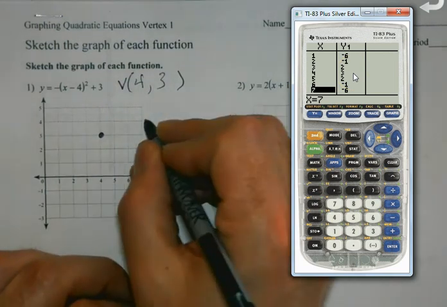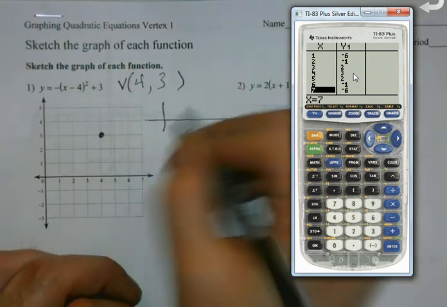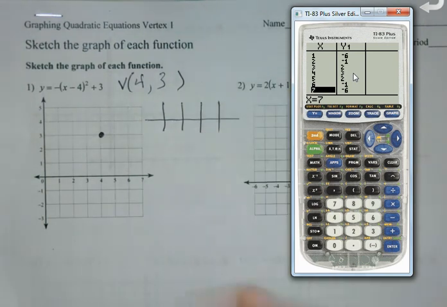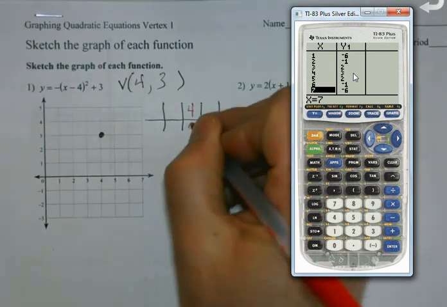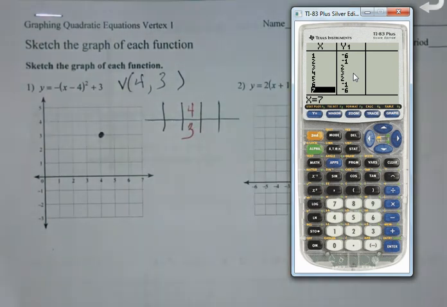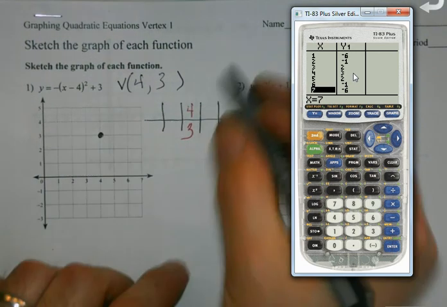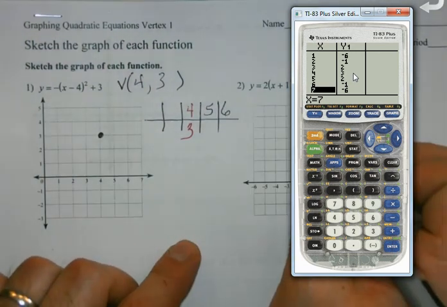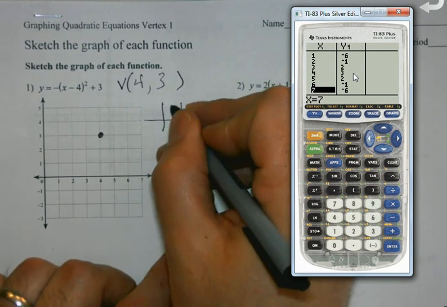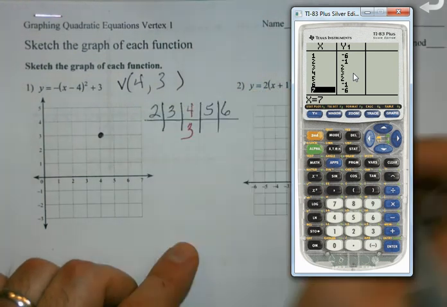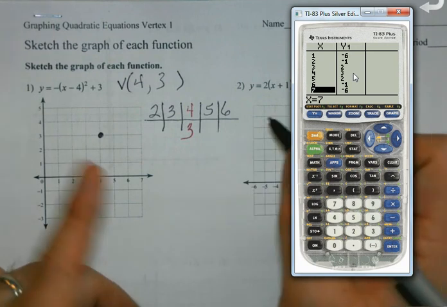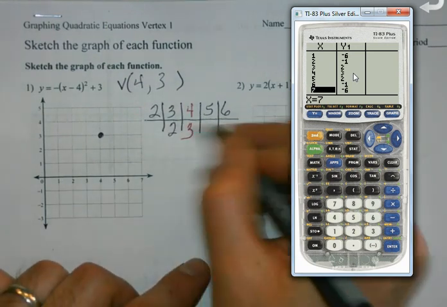Now, do I have to draw the chart? No. I mean, I'm going to here just because if somebody's watching this later, I want to be able to see what I'm up to here. So I'm going to put my vertex in the middle. And then again, I'm just going to chart it by adding 1 each time as I go to the right, subtracting 1 each time as I go to the left, and then just copying what's already there for me.